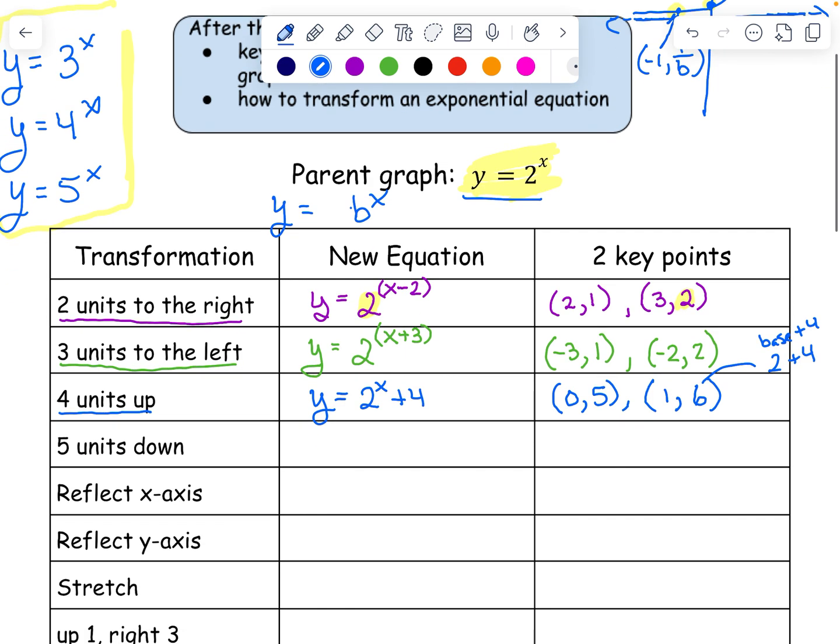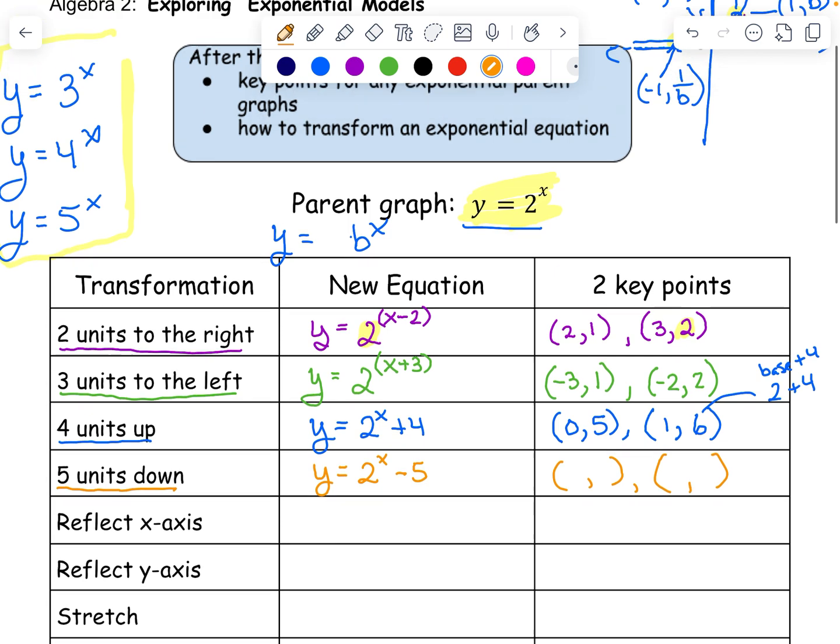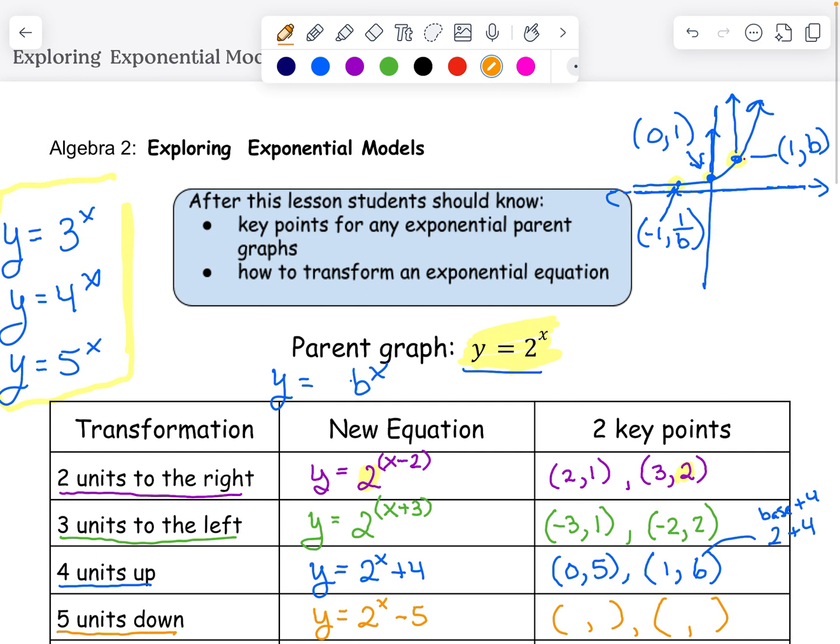Okay. Now we'll look at our next one, which will be 5 units down. Similarly, instead of going up, we're going down. So we take all of our outputs and we move them down 5. And so we're going to take this point right here and move it down 5.